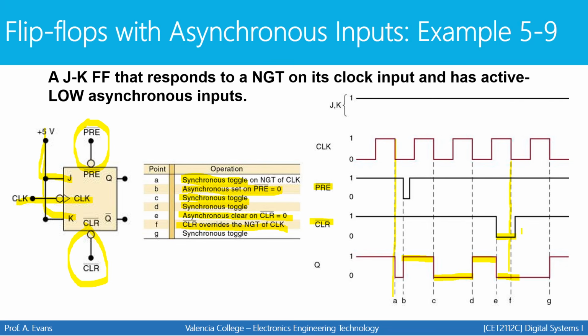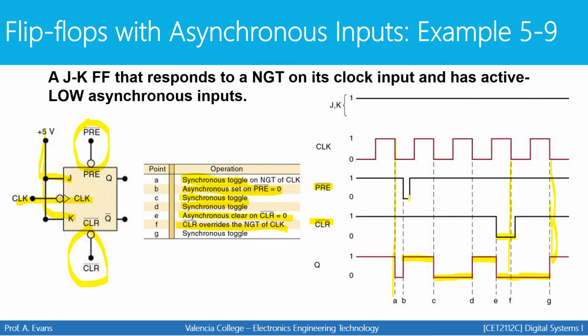This signal being low forces the output of the flip-flop to be low and stay low. And it won't change until clear goes back high, and then we have another negative transition. So that's why you see this staying low all the way till this point. The next toggle won't happen until the next negative clock transition occurs after clear goes back high. As long as this is low, it's in control, and nothing else can change the output aside from this input.